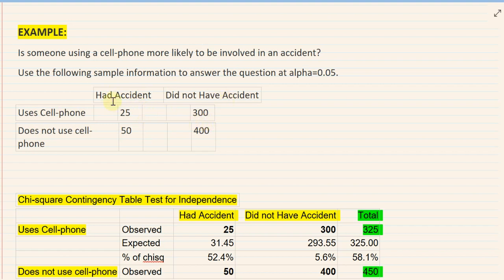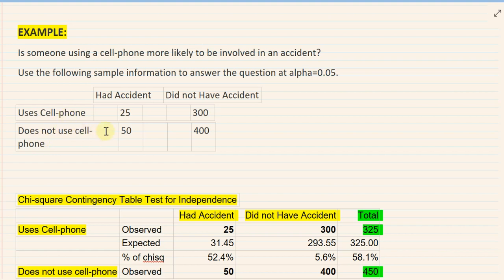The column variable is the status on the accident. Notice, by the way, how nominal these are. Had accident, did not have accident. Those are nominal outcomes. Uses a cell phone, doesn't use a cell phone. Those are nominal outcomes. So the row variable is cell phone usage, and the column variable is whether there was an accident.